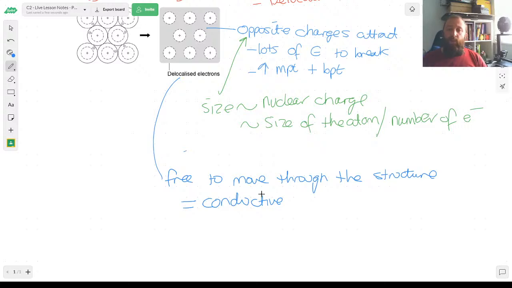But the reason that metals are very good conductors of heat isn't anything to do with the atoms vibrating and passing on that energy quicker than in insulators, because that's not really the case. It's the fact that when we start heating them up, the electrons can move, and the electrons can carry that heat energy as well.